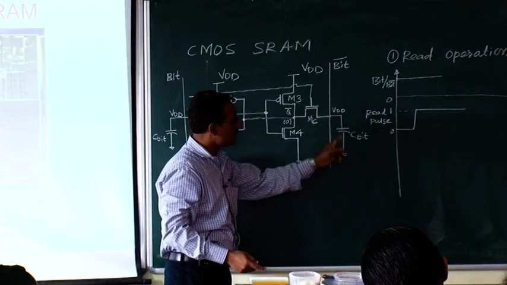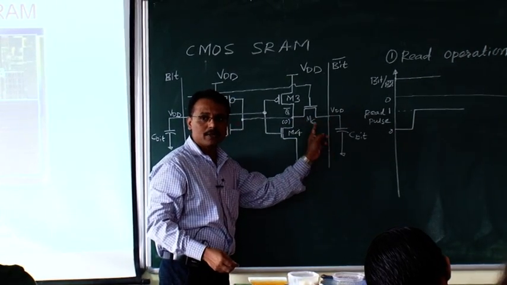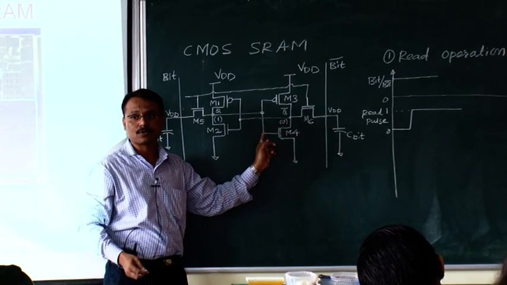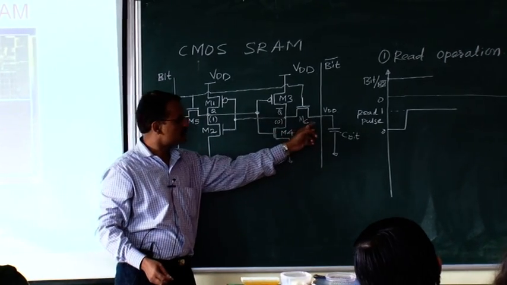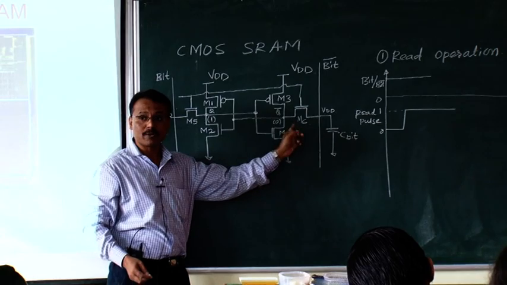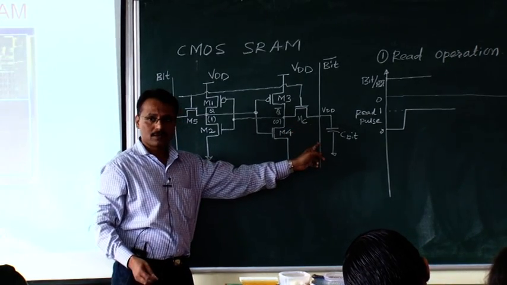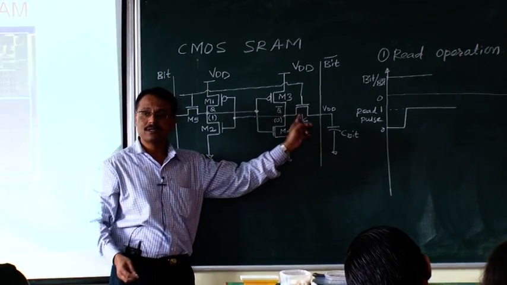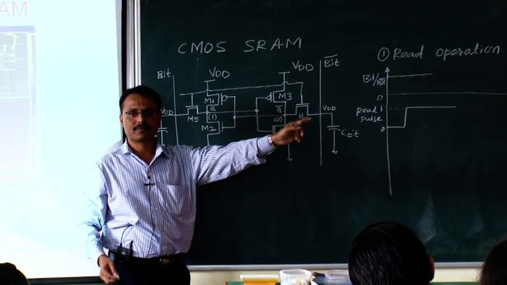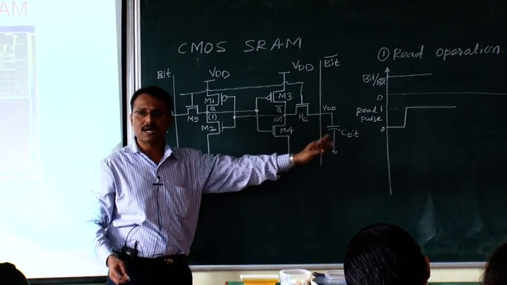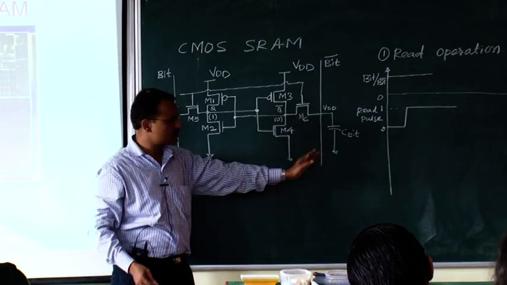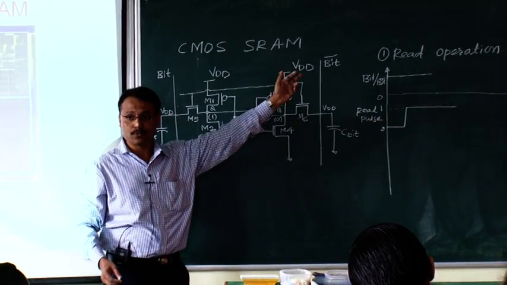And therefore this capacitor, C bit capacitor, will discharge through M6 transistor, yes or no? So as this capacitor discharges through this M6 transistor, voltage of this bit bar line will start decreasing, because this is pre-charged, it is not permanently connected to VDD.